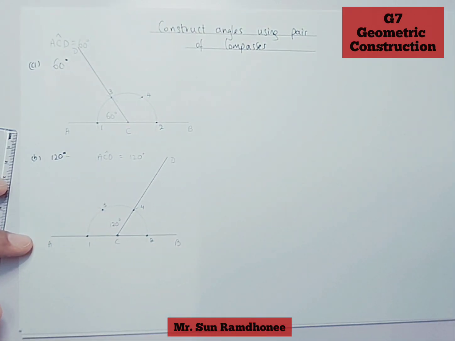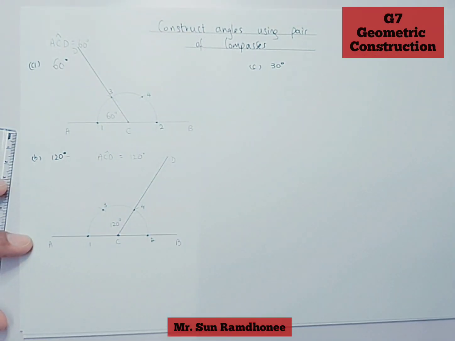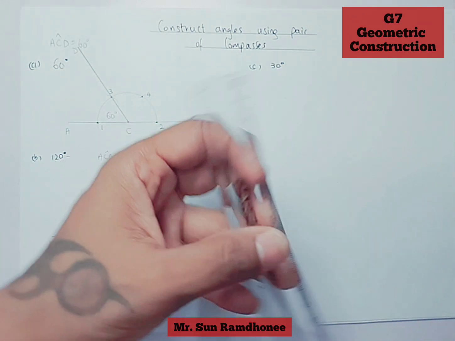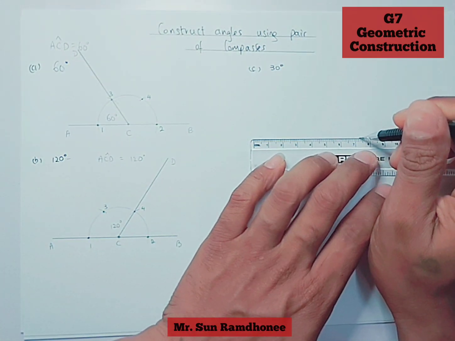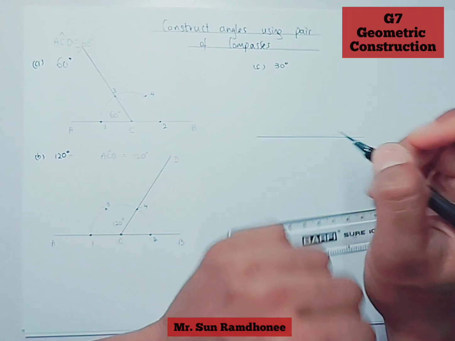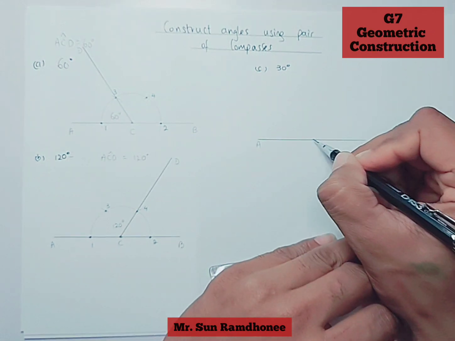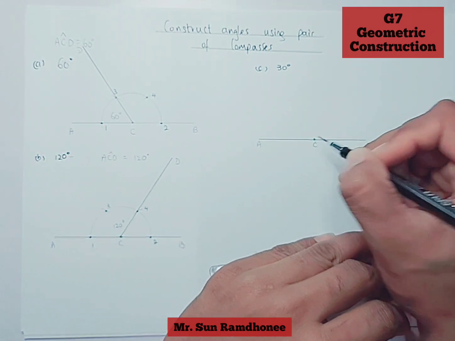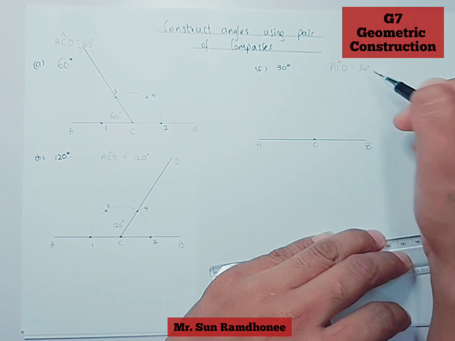The third example that we are going to draw is 30 degrees. So first of all, we draw our line. And then locate point C. So ACD is equal to 30 degrees.